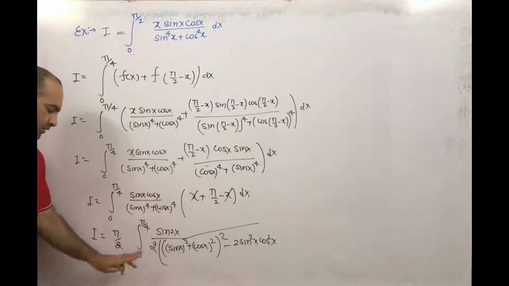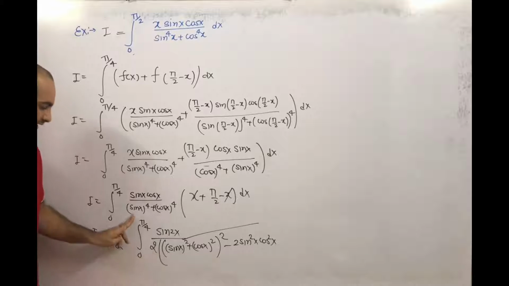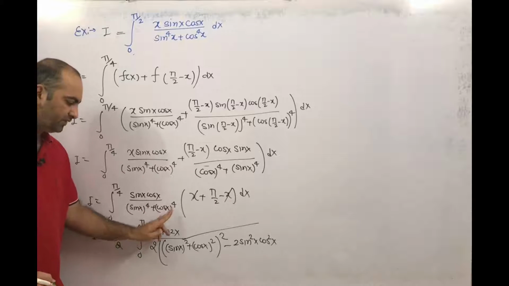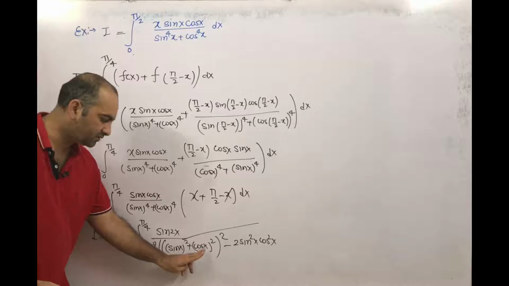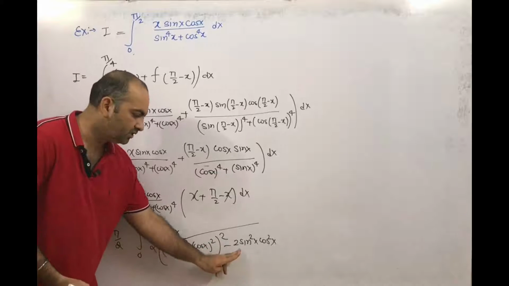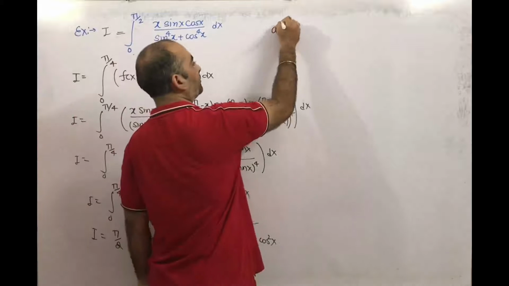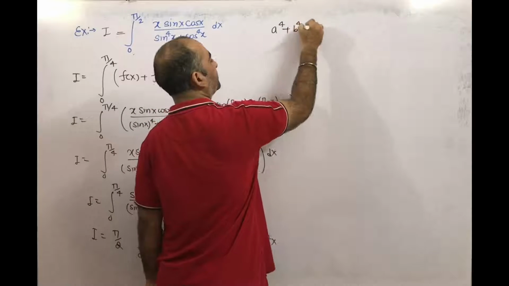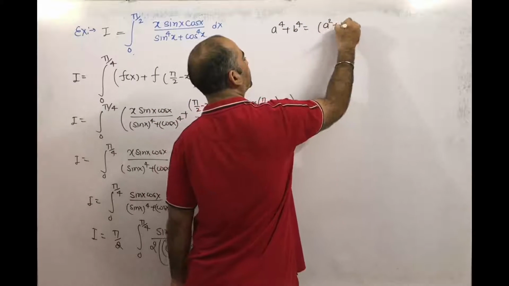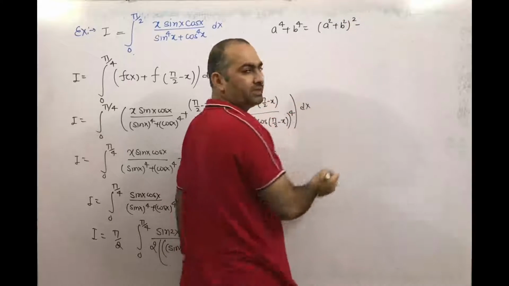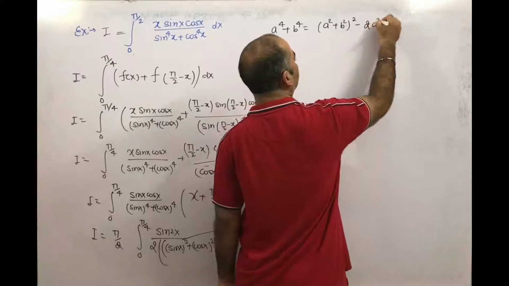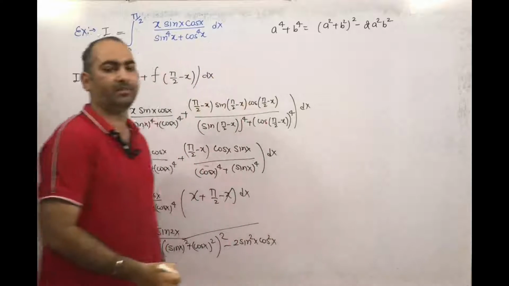What formula are we using here? a to the power 4 plus b to the power 4 we can write as a square plus b square whole square minus 2a square b square. This formula we are applying here.